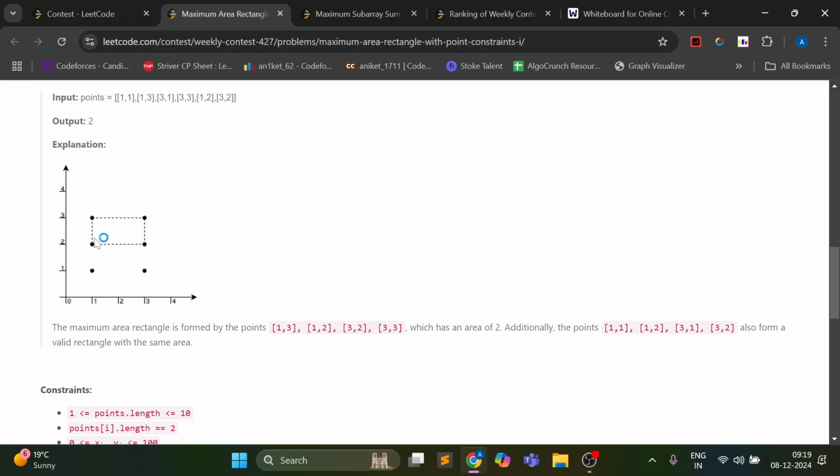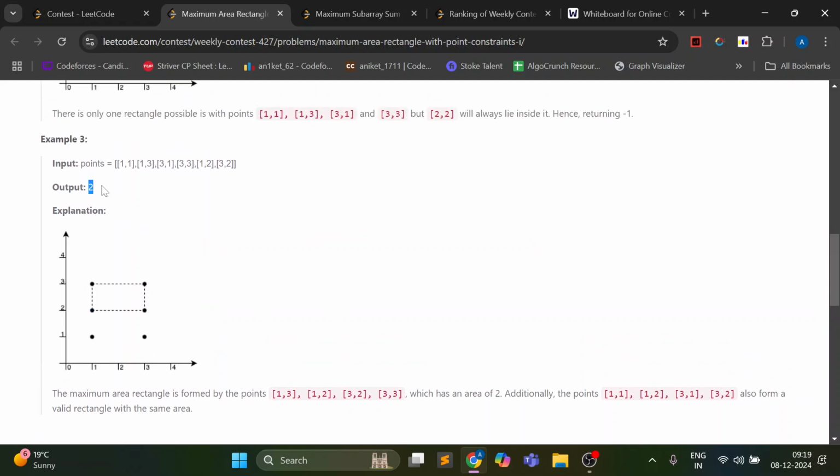So here the only option is this one or this one, and both have the same area, which is 2. 2 is breadth, 1 is height. So the answer here is 2.